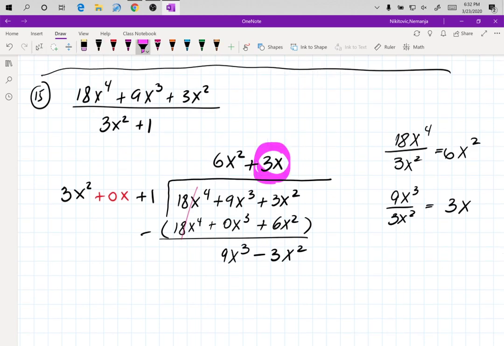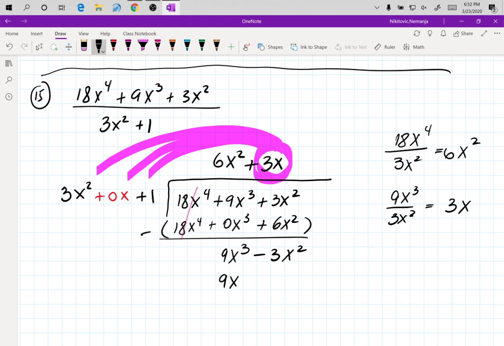So this one now goes into all three over here. So we have 9x cubed plus 0x squared and plus 3x. Now remember, if you had 0x here, they're lined up. If you didn't, don't worry about it.